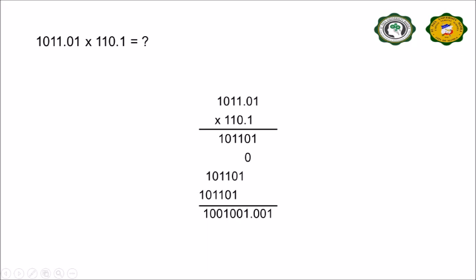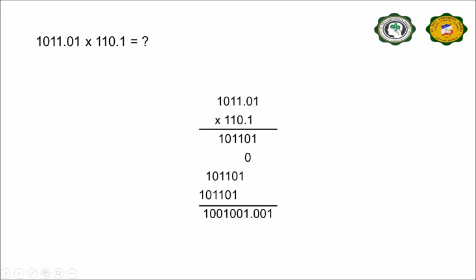Then 0 plus 1 is equal to 1, then 1 plus 1 is equal to 0, then 0 plus 0 is equal to 0. Next, 1 plus 1 is equal to 0, then we will be carrying 1 for the next number, then 0 plus 1 is equal to 0.